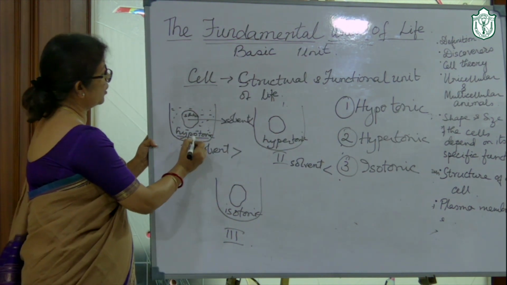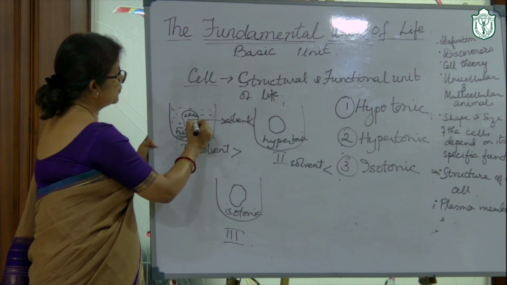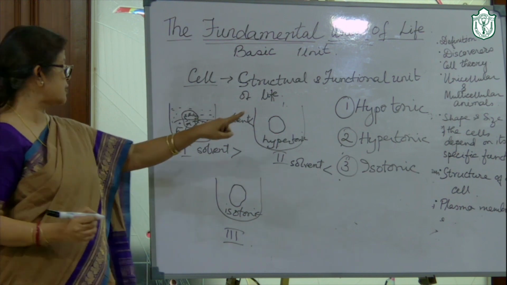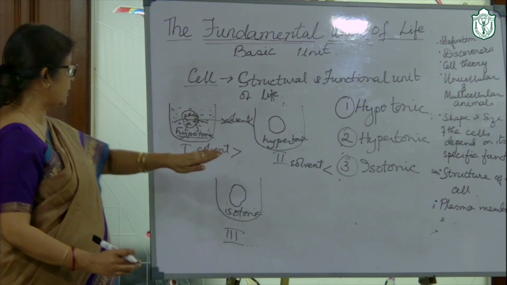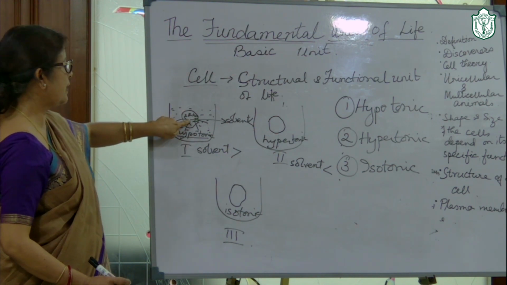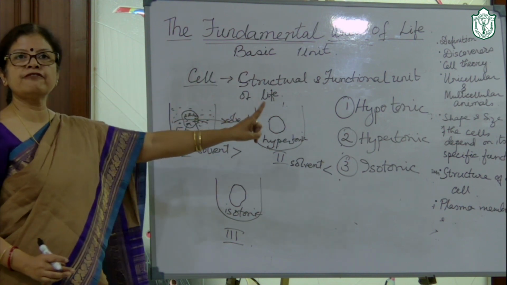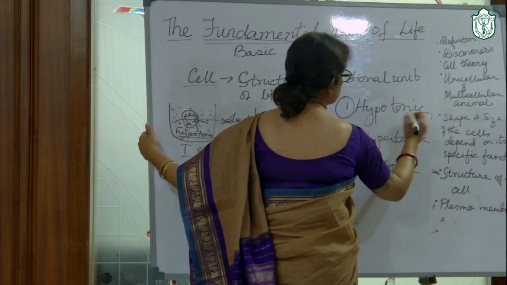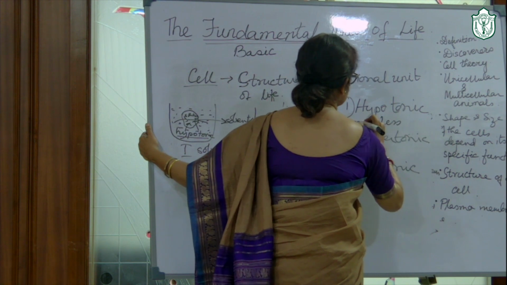The solvent molecules will move from this solution to this cell body. Why? According to the definition of osmosis, it is the movement of solvent molecules from a low concentrated solution to a high concentrated solution. Hypotonic means where the solvent is more, so its concentration is less.